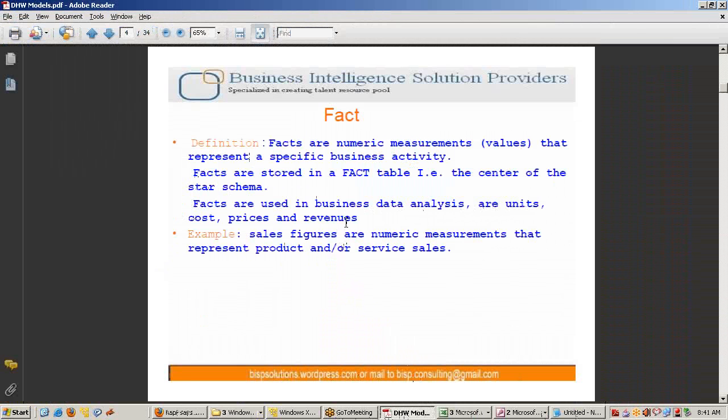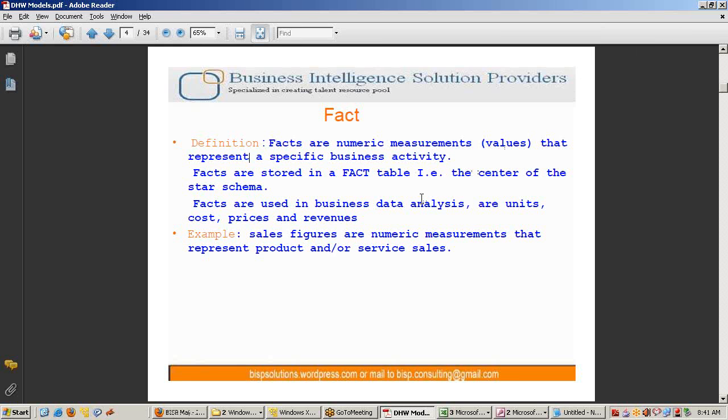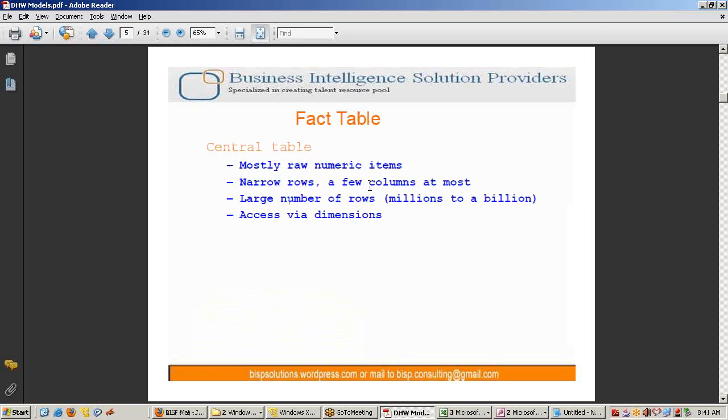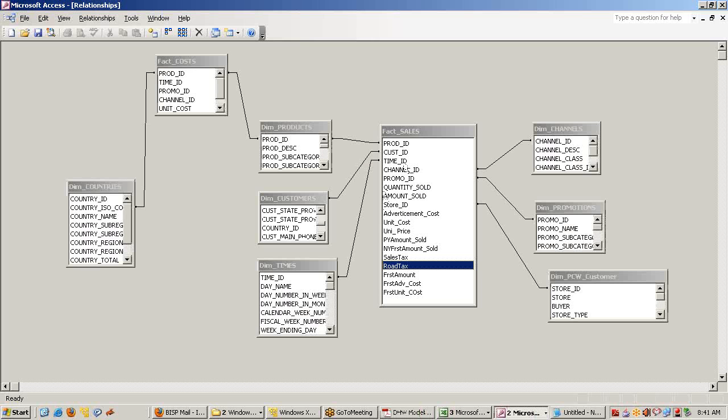What does a fact table consist of? A fact table has facts, numerics and foreign keys. Often it's a central table. If you look at my model, it is a central table surrounded by dimensions.